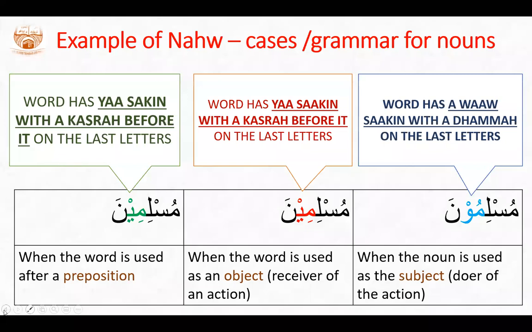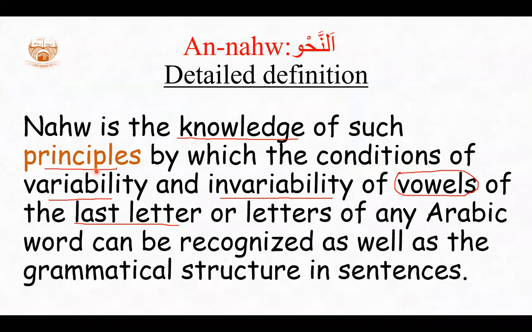I want to read back the definition and see if it makes better sense now. Nahu is the knowledge of such principles, the laws by which the conditions of variability and invariability, of vowels, of the last letter or letters of any Arabic word can be recognized.